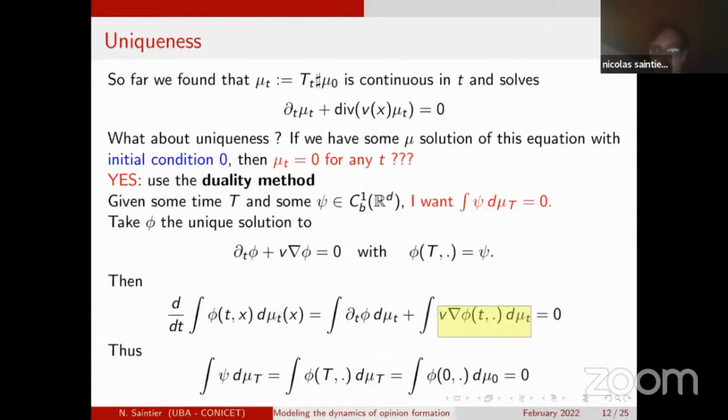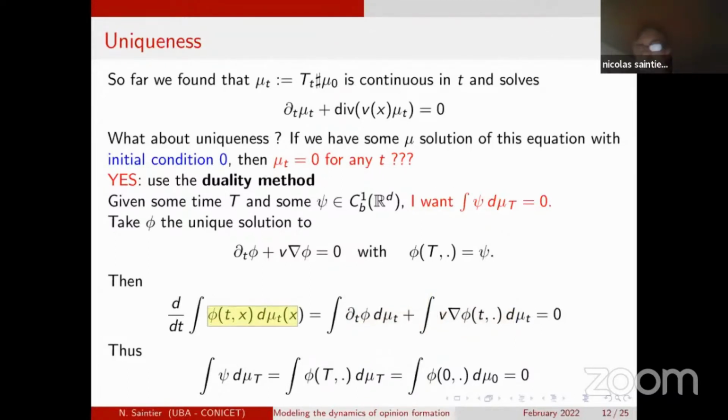So now we put the two integrals together, and we get the integral of this function against the measure mu_t. But this function here is 0 because that's how we defined phi. So this integral is just the integral of 0, so it's 0, of course. So this means that this quantity is conserved in time.